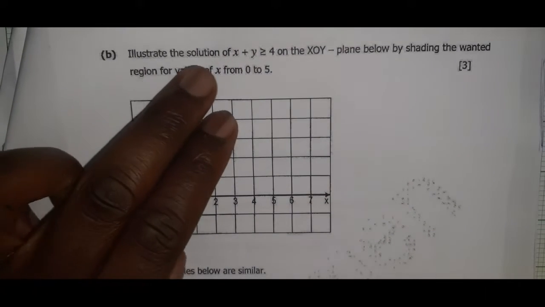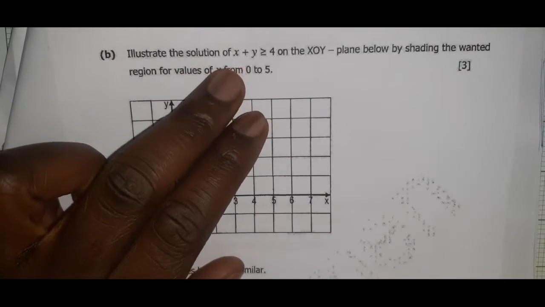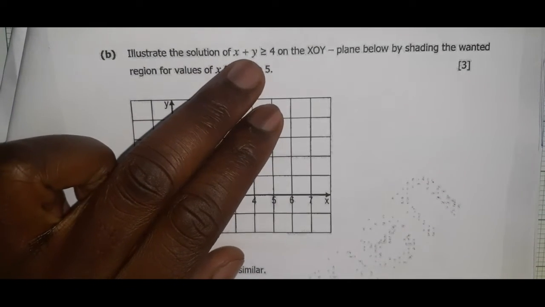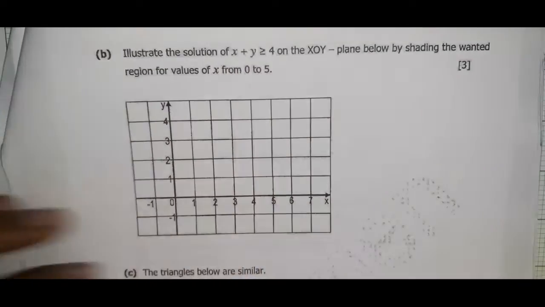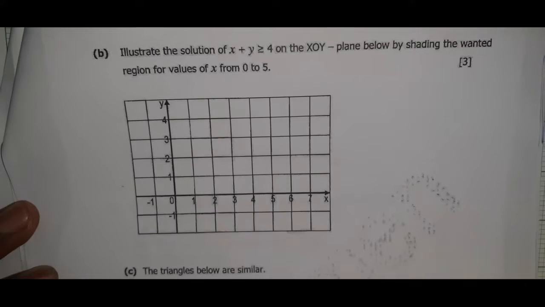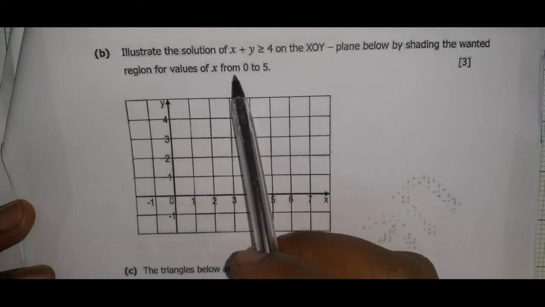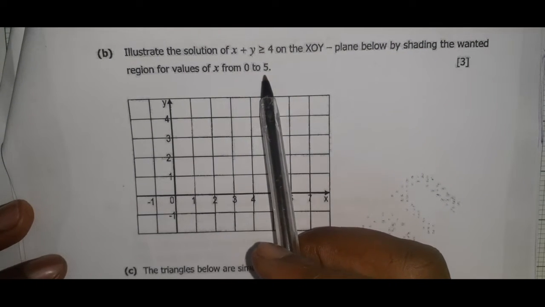So illustrate the solution of x plus y greater than or equal to 4 on the x-y plane below by shading the wanted region for the values of x from 0 to 5.